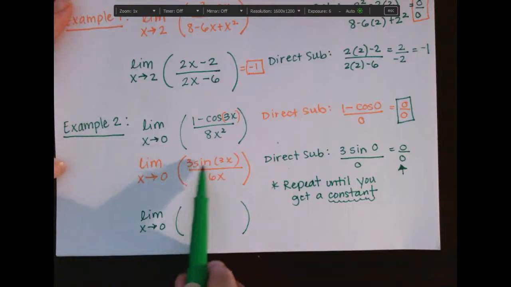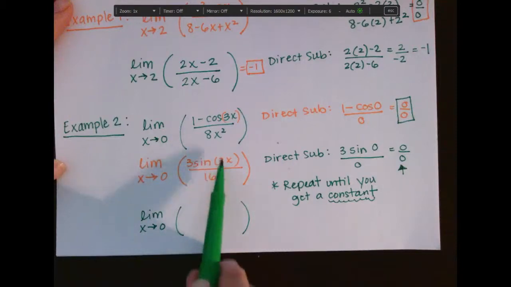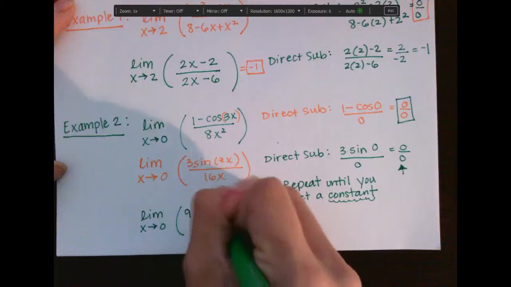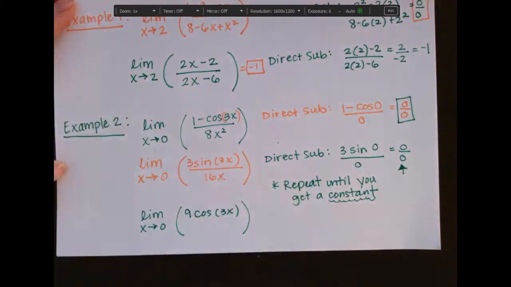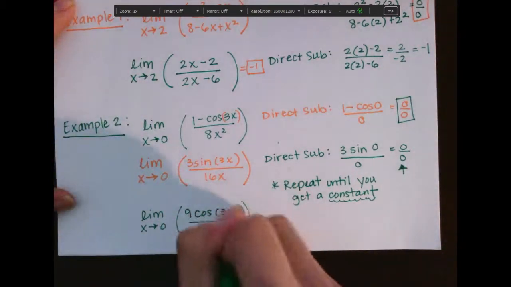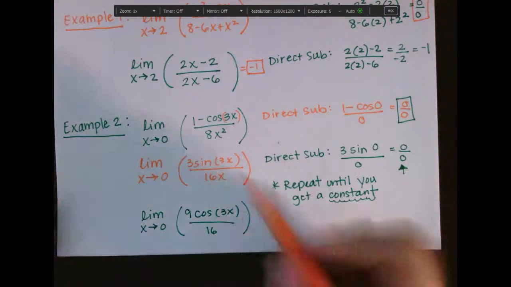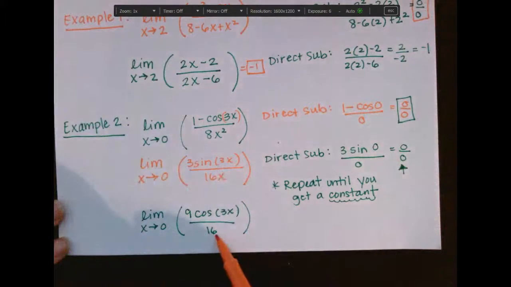Taking the derivative of here, the derivative of sine is cosine, so it'll be 3 cosine 3x times another 3 because of the chain rule. So that's 9 cosine 3x, again those parentheses are optional, over 16. Now, once I'm able to get a variable out of the denominator, I've taken the derivative a couple of times until I just have a constant in the denominator.